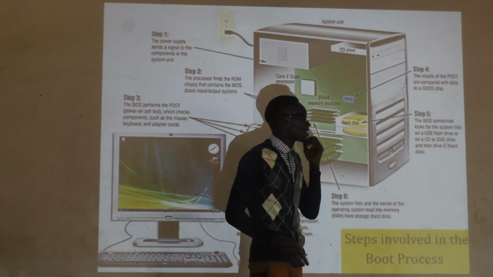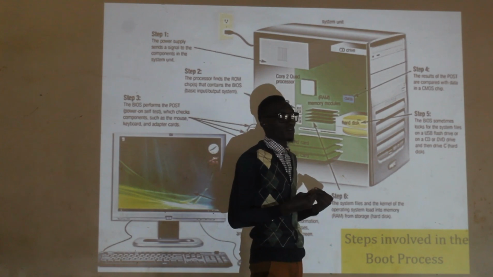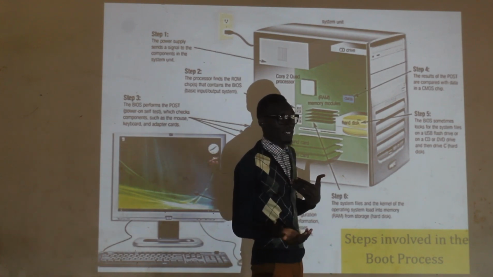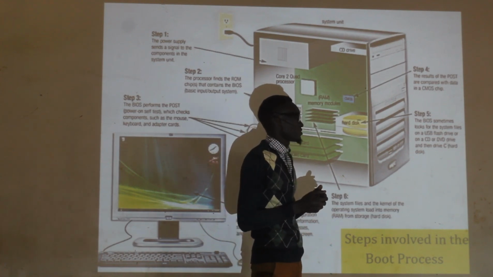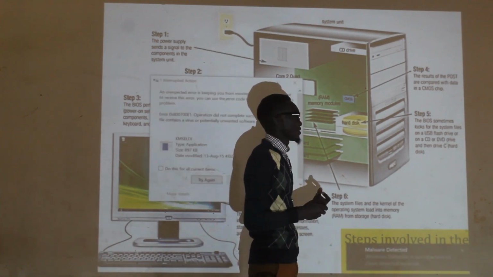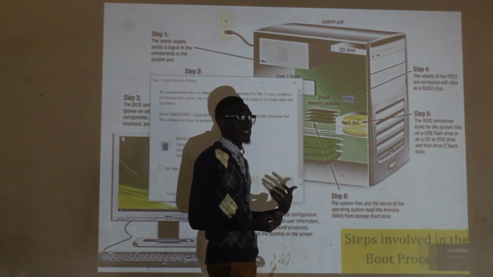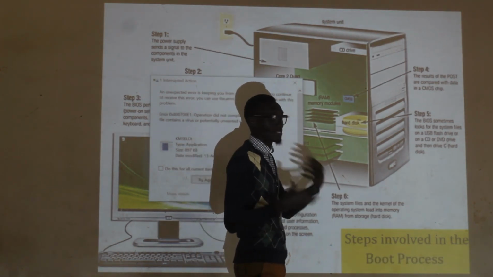goes ahead and looks for, first of all, the system's files on either a USB drive, a CD or a DVD drive, and then even the hard disk. Any storage media that has the system files.